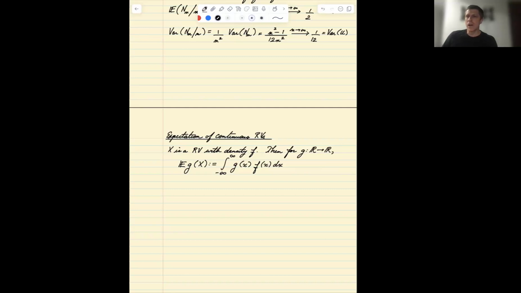Now, technically, the way that we have to define this, just like we did in the initial case, is we have to break this up into positive and negative parts. So it's the integral of g plus minus the integral of g minus.